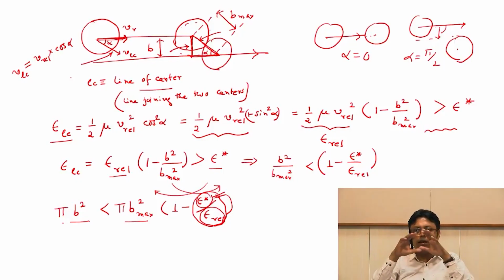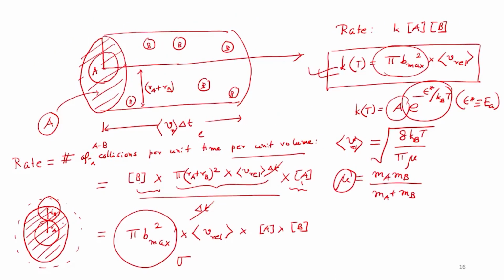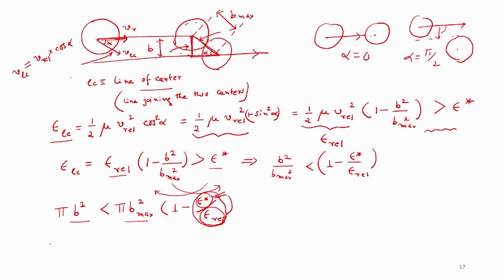In the earlier case, there was an effective cross section, and if all the collisions hit it, the cross section would be nothing but pi b max squared. However, we are now saying that not all of this cross section will give a reaction, only a fraction of it will. Which fraction? Say, for example, only this area, which we are drawing like this.